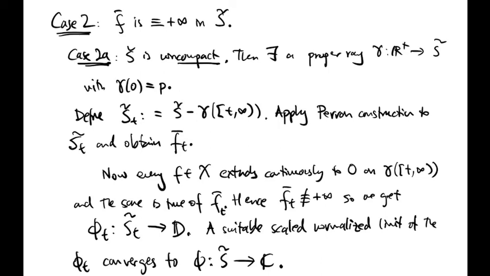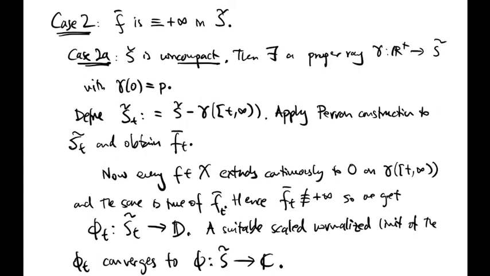Since S twiddle was simply connected, so is S twiddle sub T. Let's apply the Perron construction to S twiddle sub T to obtain a function f T bar for each T. The key point is that every function f in the Perron class extends continuously to 0 on the part of the ray that was removed, the part of gamma from T to infinity. Since that's true for every f in the class X, the same is true for f T bar.